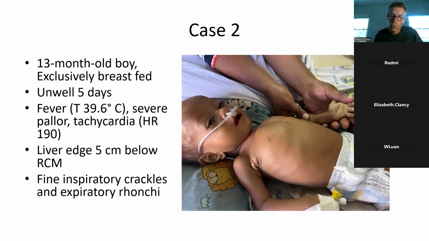Remember to listen to know whether crackles are in inspiration or expiration, and whether the bronchi are in inspiration or expiration. Typically in heart failure, you'll hear fine crackles in inspiration, and bronchi or wheeze in expiration.